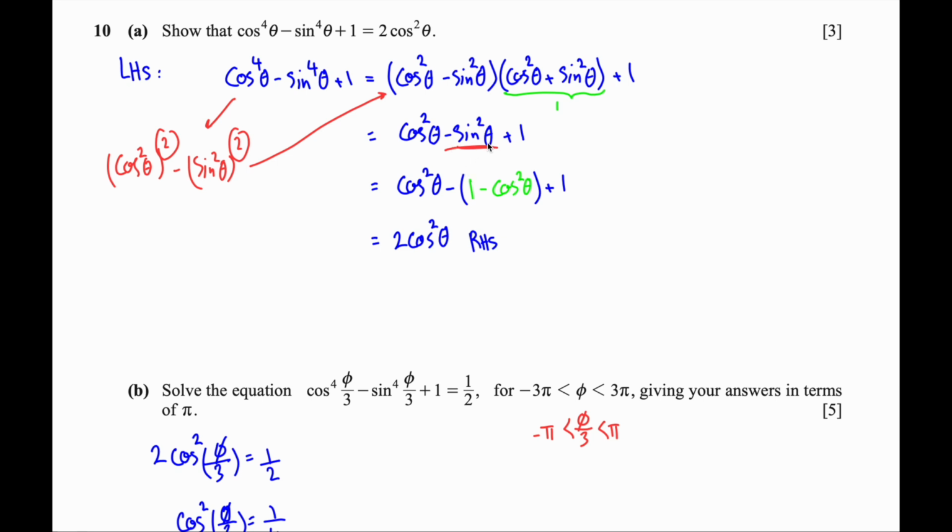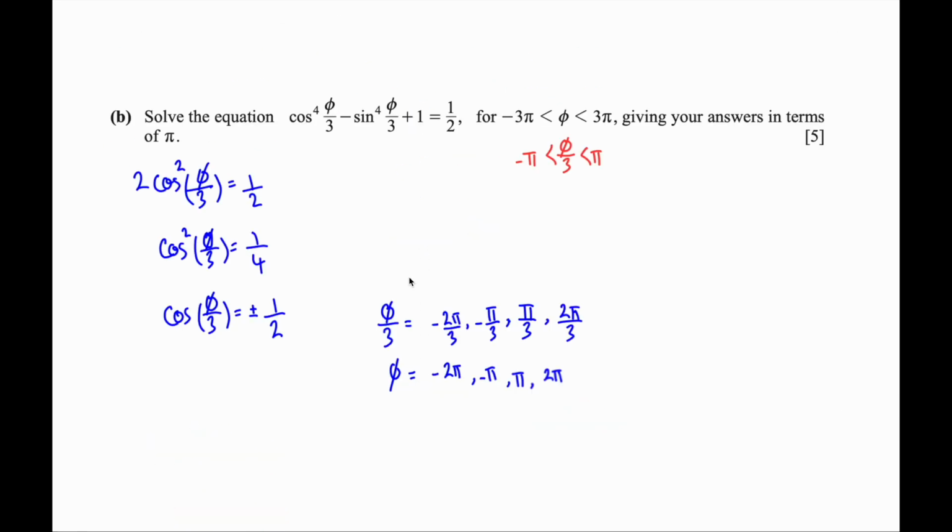So sine squared theta, you can replace it with its equivalent value, again using the same identity up here, which gives me 1 minus cosine squared theta. Do not forget there was a negative in front of it initially. After you expand it, the negative 1 and 1 are gone, and I have 2 cosine squared theta, which is the right hand side, and I can stop there.